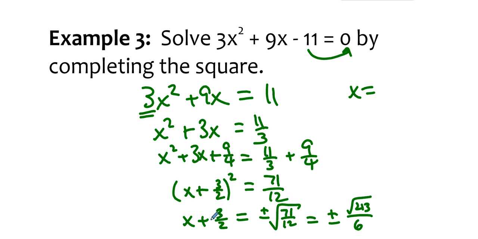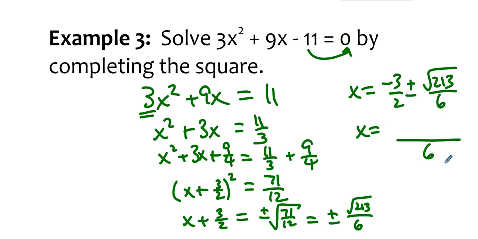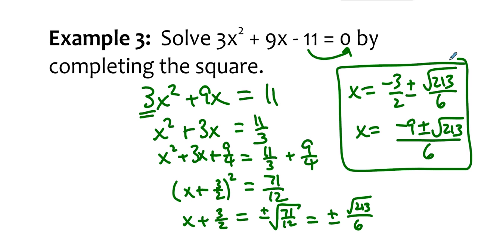Well, x is, kick that over, negative 3 halves plus or minus the square root of 213/6. And some people are going to insist on getting a common denominator, and these people are fine mathematicians also. I would argue that either of those is an exact answer in simplest form.